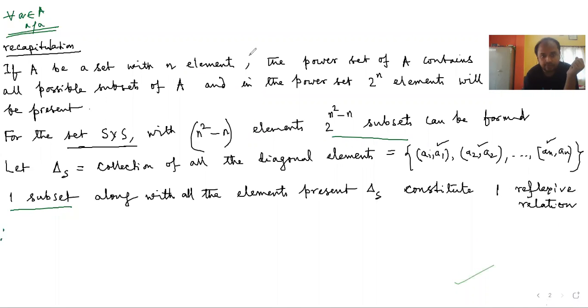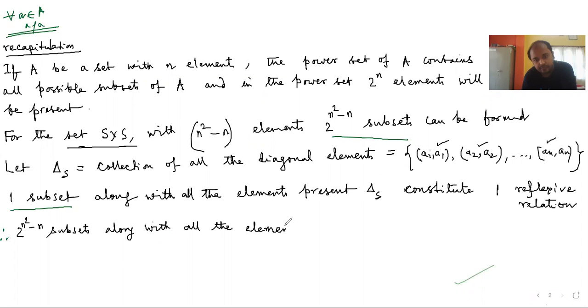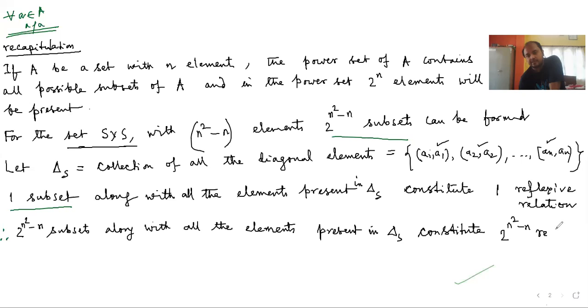So therefore 2 to the power n square minus n subsets, along with all the elements present in delta S, constitute 2 to the power n square minus n reflexive relations.